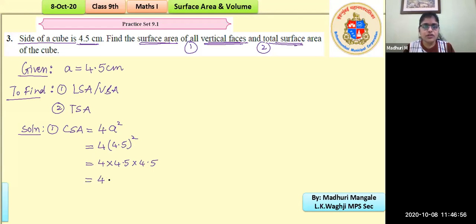So 4 times 4.5 into 4.5 would be equal to 20.25, right, students? And then simply multiply 4 times 20.25. What will that equal to?